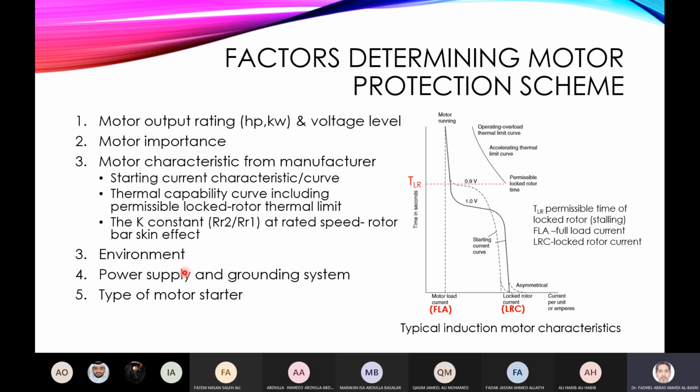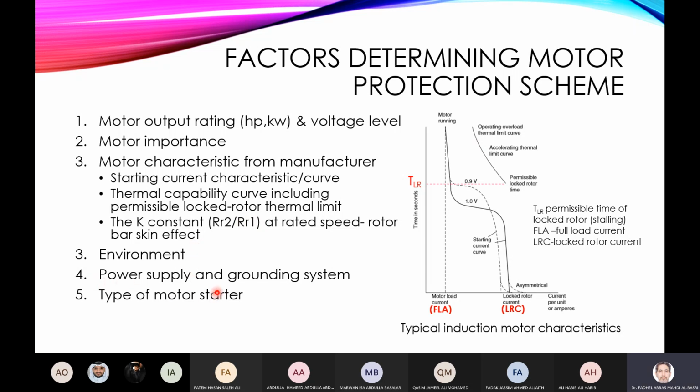Another factor is the environment, the ambient temperature. These ratings are provided for an ambient temperature of 30 or 40 degrees, but if you put the motor in an environment without ventilation, or where the ambient temperature can go higher, to 50 degrees, then there will be derating effects.